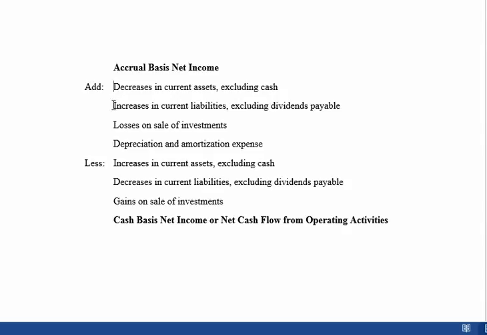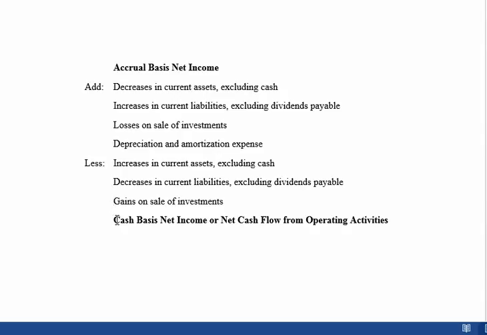We want to add increases in current liabilities, excluding dividends payable, which would be handled in the financing section. We want to add back any losses on sale of investments, any depreciation and amortization expense. We would want to deduct any increases in current assets, excluding cash, decreases in current liabilities, excluding dividends payable, and gains on sale of investments.